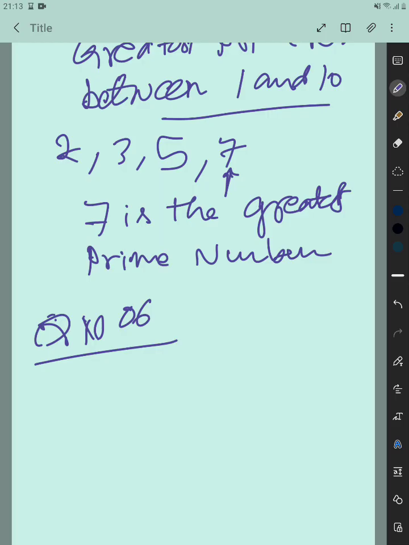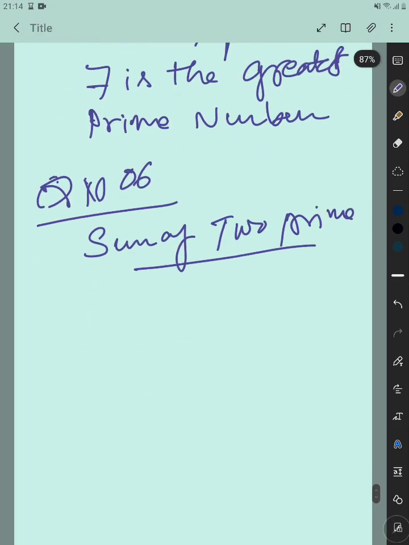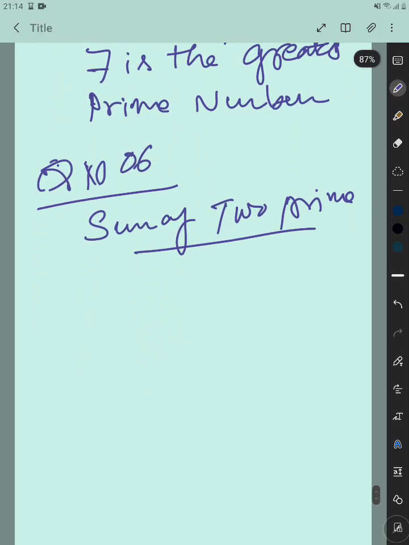As a sum of two odd primes, we need to express a few numbers. The first number is 44. We need to represent this number as two odd primes.